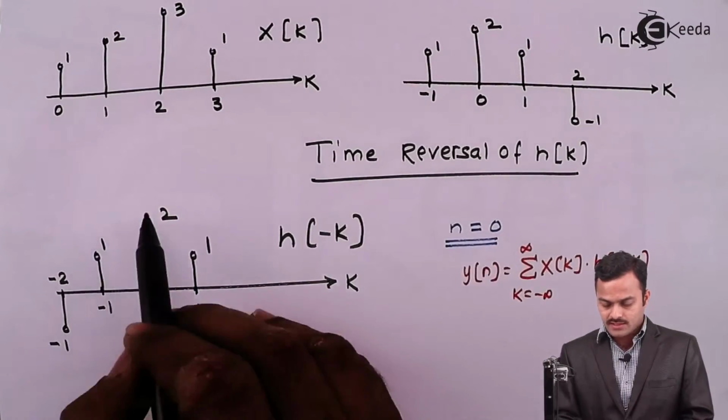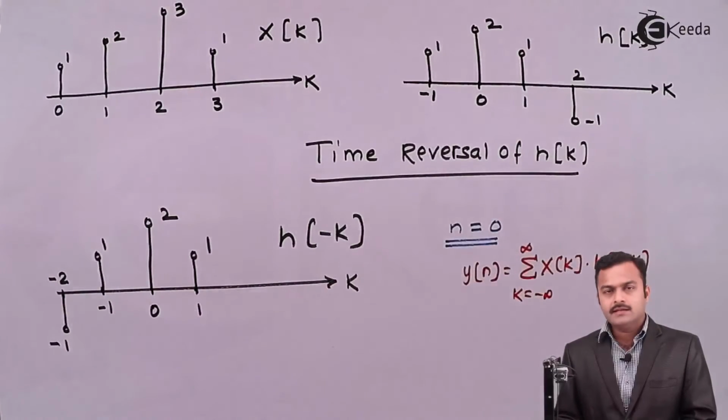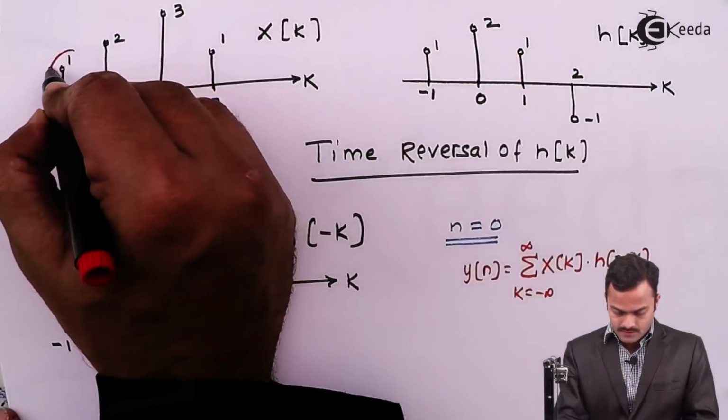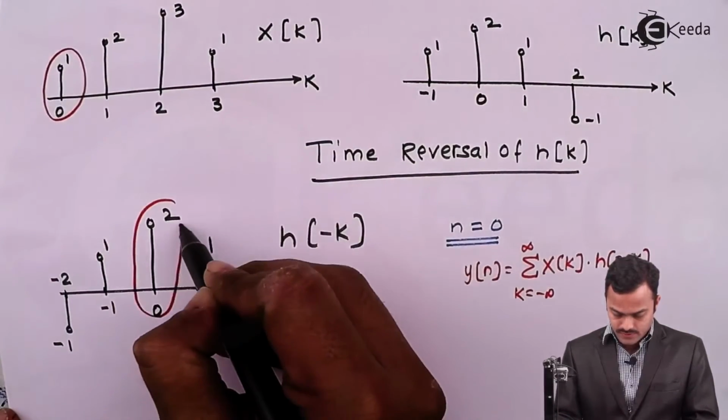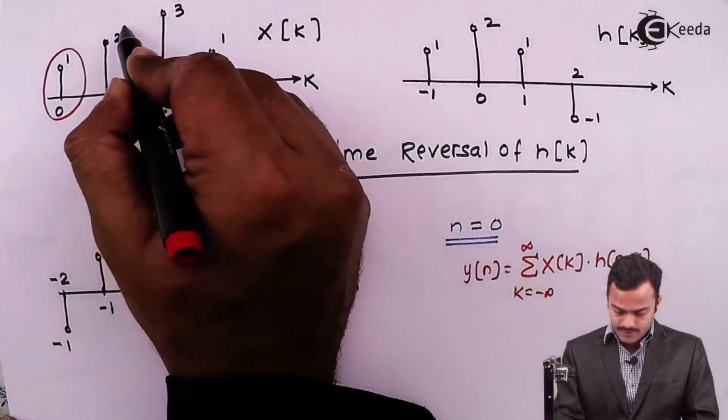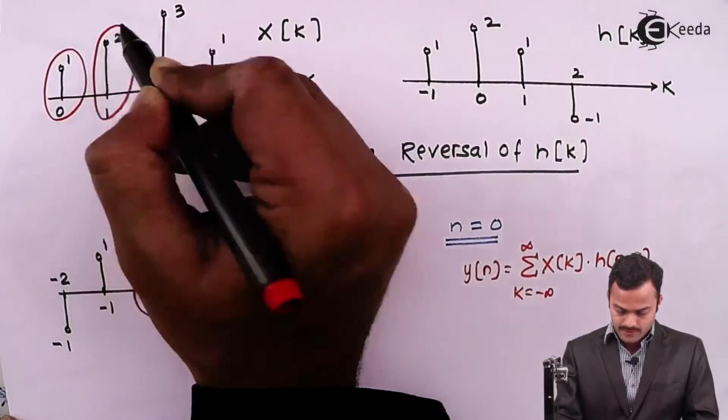So we need to check in this how many sample points are common. So here n equal to 0, this is also n equal to 0, 1 point I am getting, plus one more point I am getting like this.